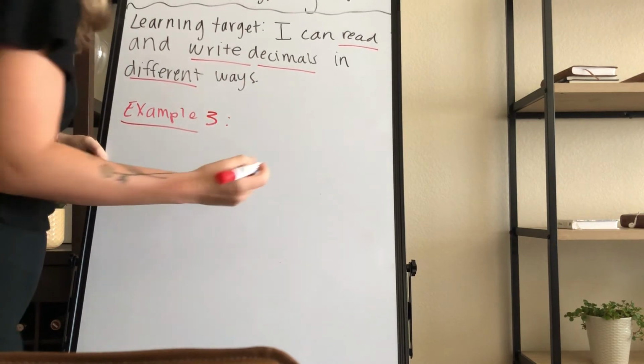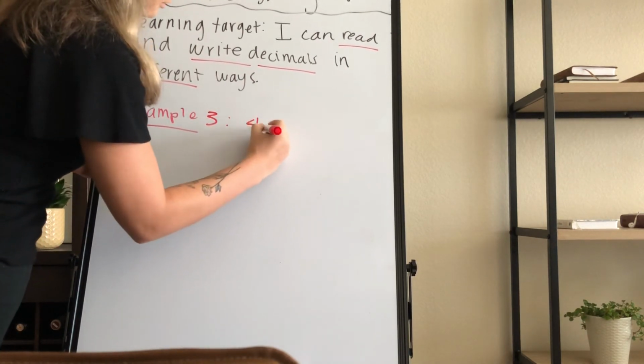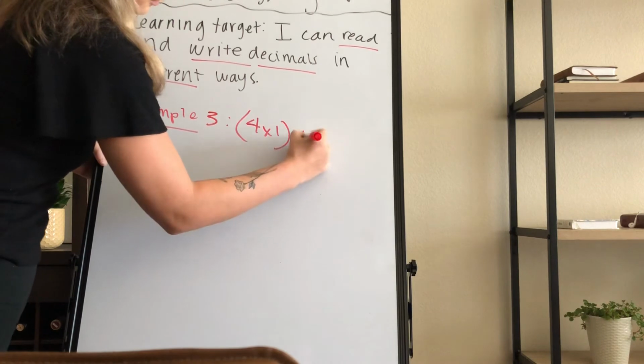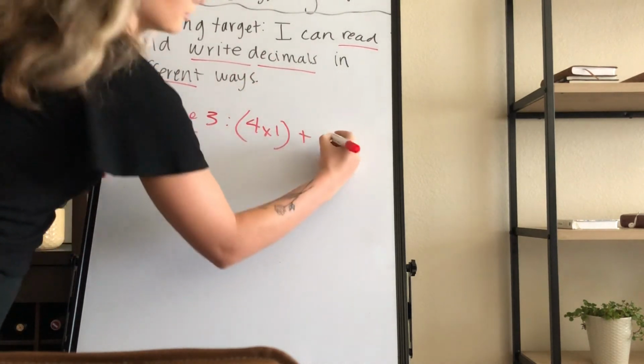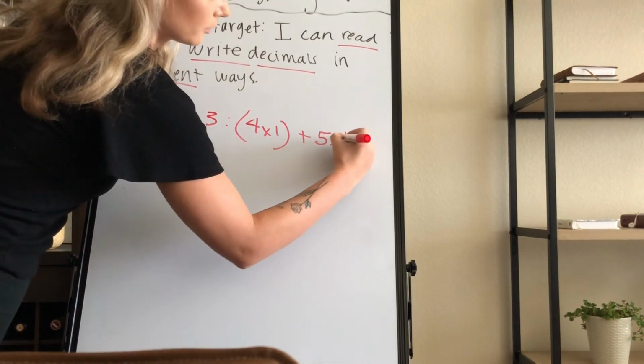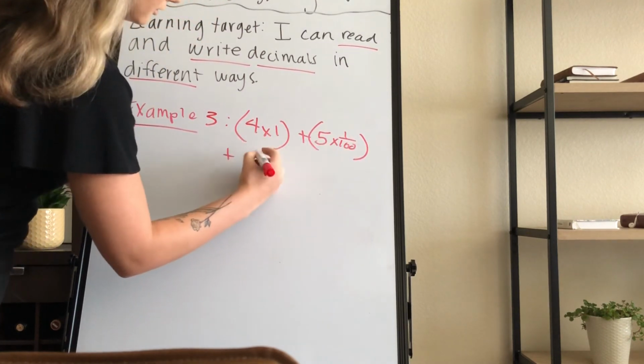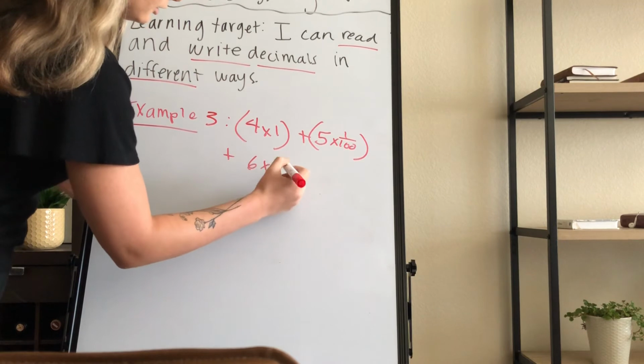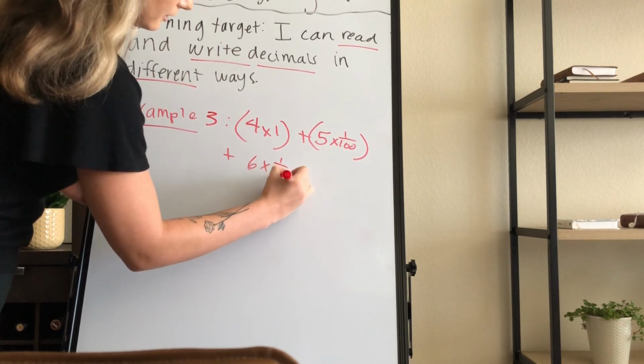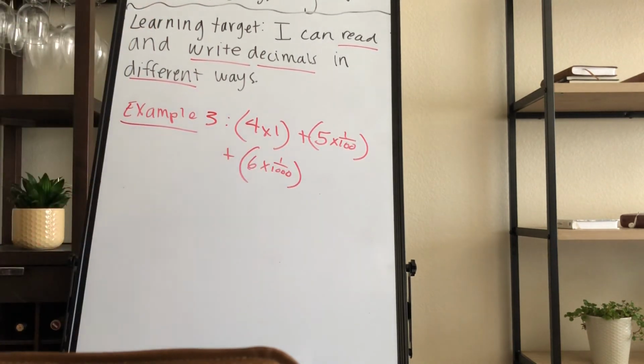Example 3. Let's do 4 times 1 plus 5 times 1 over 100 plus 6 times 1 over 1,000. Okay, so our whole number is going to be 4.